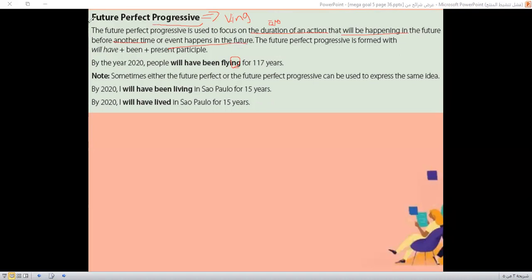Same thing, future perfect progressive is going to happen first, okay? But here the focus is on the duration of time. For example, by the year 2020, people will have been flying for 117 years. Let me write this.